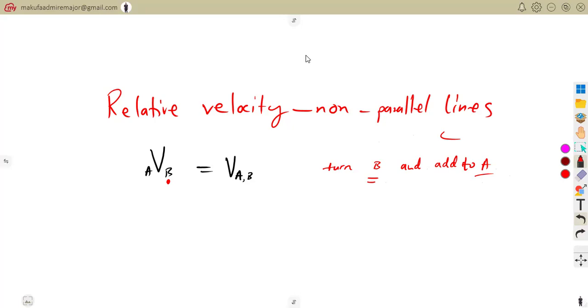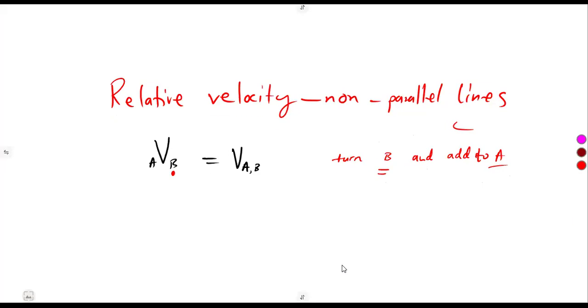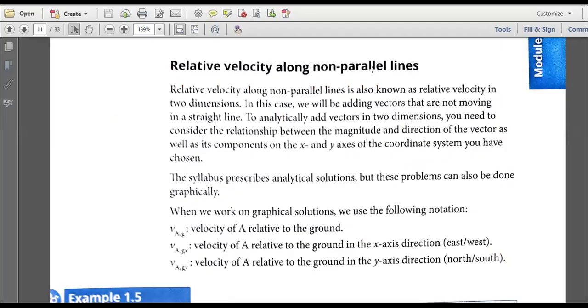So I want us to go back to this part that I showed you here. We said relative velocity along non-parallel lines is also known as relative velocity in two dimensions. In this case, we will be adding vectors that are not moving in a straight line.